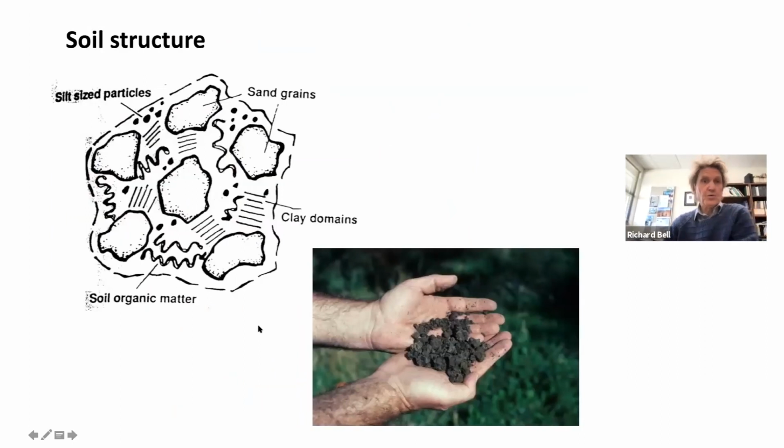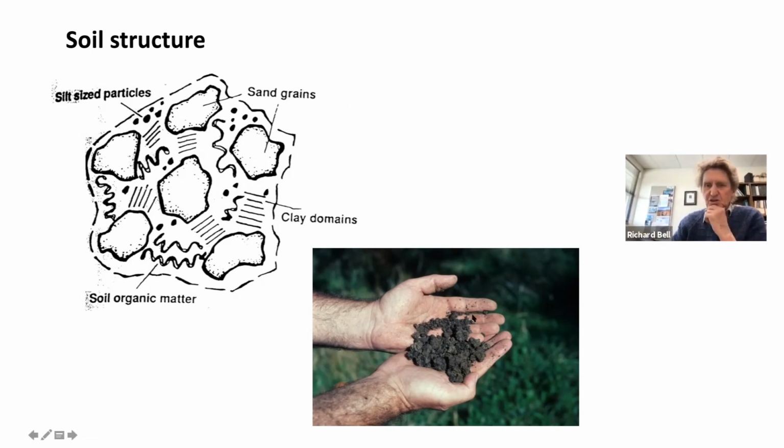Soil structure or pedality is another of the physical properties. Sand grains, clay, organic matter, and cations like calcium can combine together to create a secondary particle that we call a ped, or an aggregate.